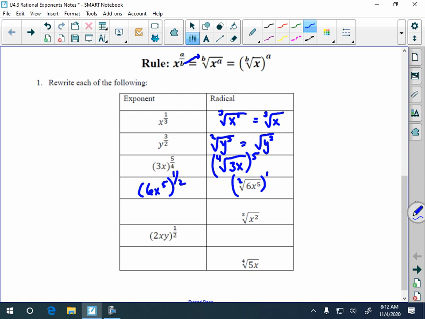All right, the cube root of x squared, so this becomes x to the 2/3 power, 2/3. 2xy to the 1/2, so the 2 in the denominator becomes the radical, so this is going to be a square root. 2xy, and the whole thing is being raised to the 1st power.